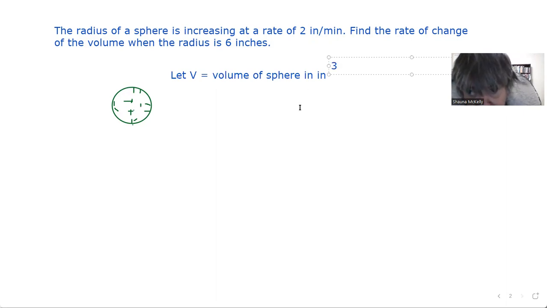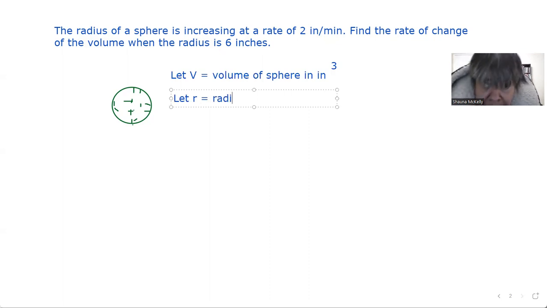And I need R. So let R be the radius of the sphere in inches, okay?